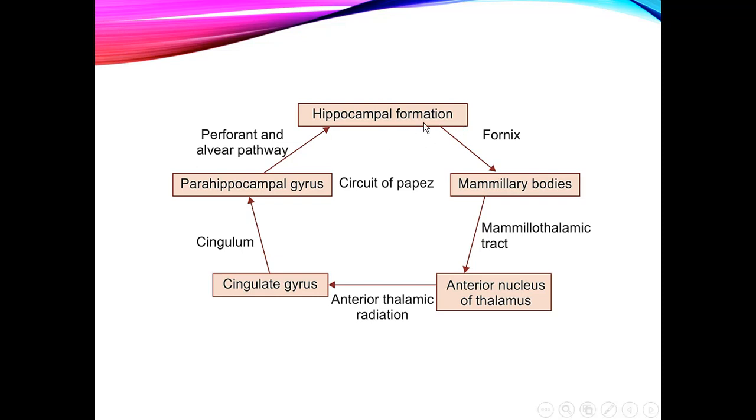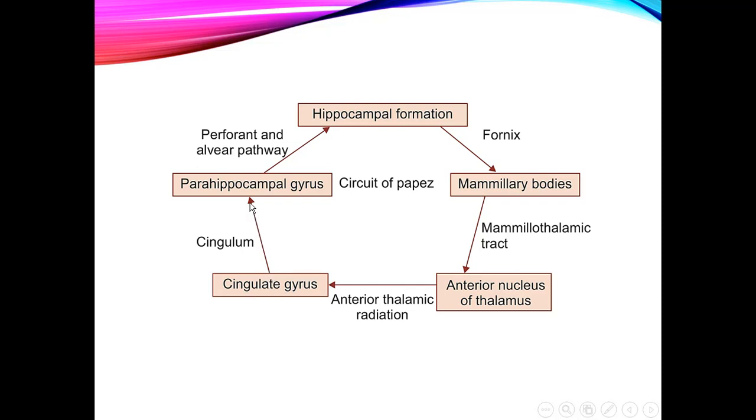As you see, the hippocampal formation sends projections, or nerve fibers, to the mammillary bodies. Mammillary bodies are located in the hypothalamus, and the mammillary bodies send fibers to the thalamus. The thalamus sends fibers to the cingulate gyrus.